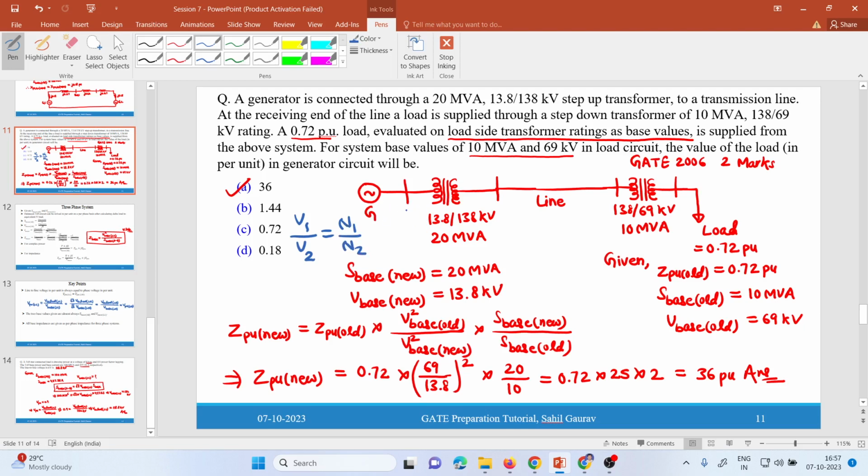So at the primary it will not be 13.8 kV, it will be a different voltage. Suppose this generator is providing power at 12 kV, so this side will be 12 kV. And how much voltage at this side? Can anyone tell? If the generator is supplying power at 12 kV, then what will be the voltage at this line side?